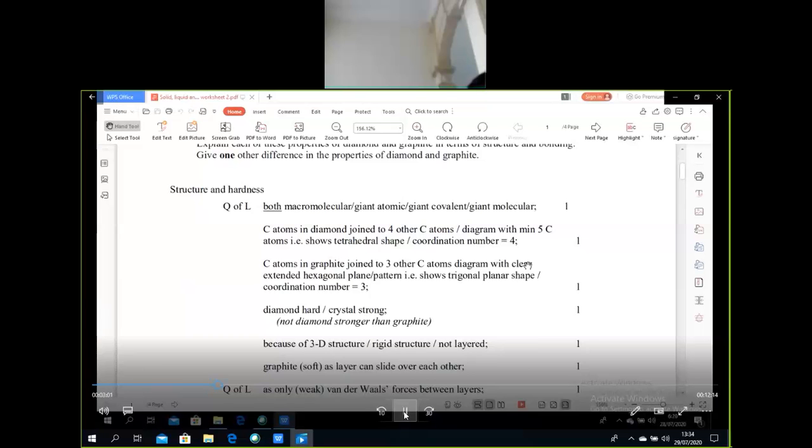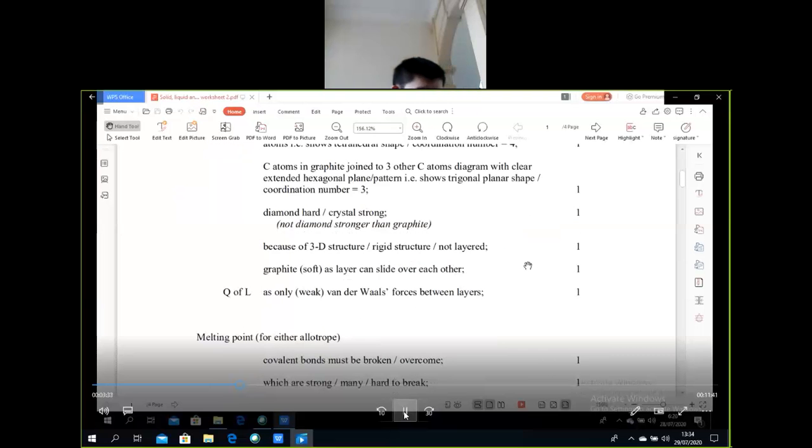And then according to the 3D structure that we used to learn in grade 9, diamond has a tetrahedral structure, but graphite has layers of hexagonal rings. The layers are connected by van der Waals forces that make the layers able to slide over each other, and this graphite is not as strong as diamond, but it has high melting points similar to diamond.